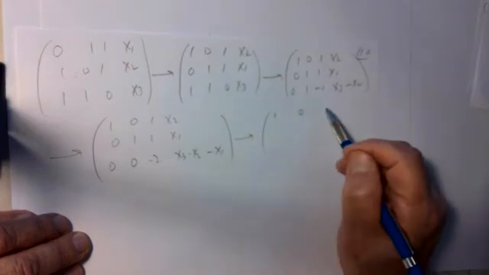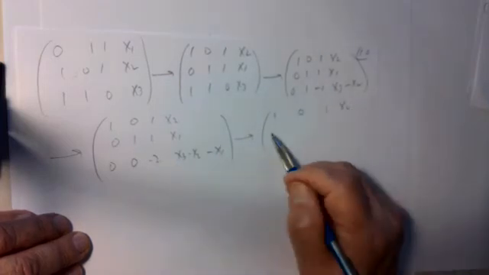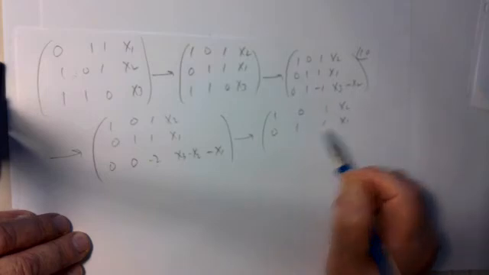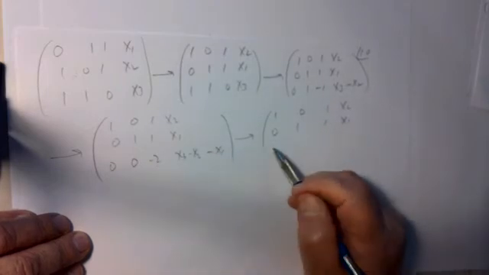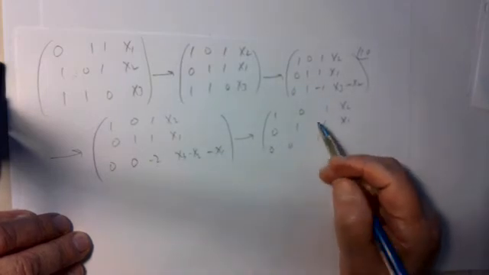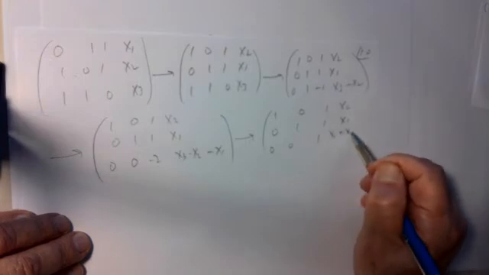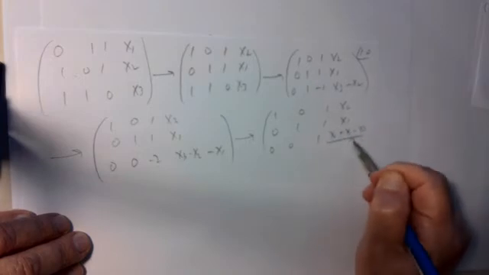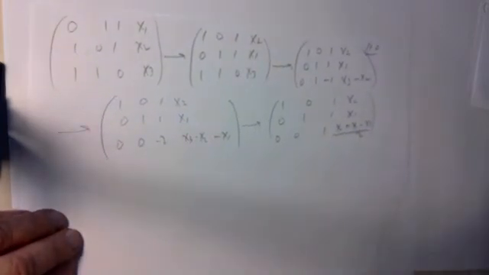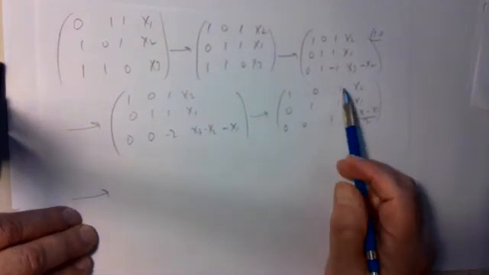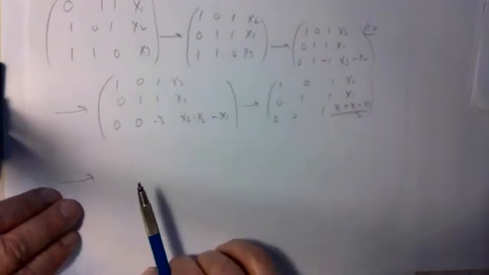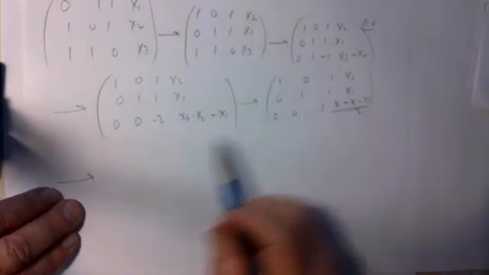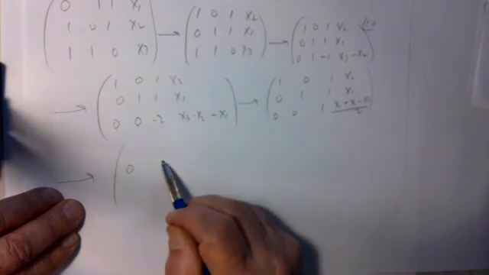So I have 1, 0, 1, x2, 0, 1, 1, x1. Divide by minus 2. I get x1 plus x2 minus x3 over 2. And then I want zeros here and here. So let's start with the first row. The second row I'm not changing.